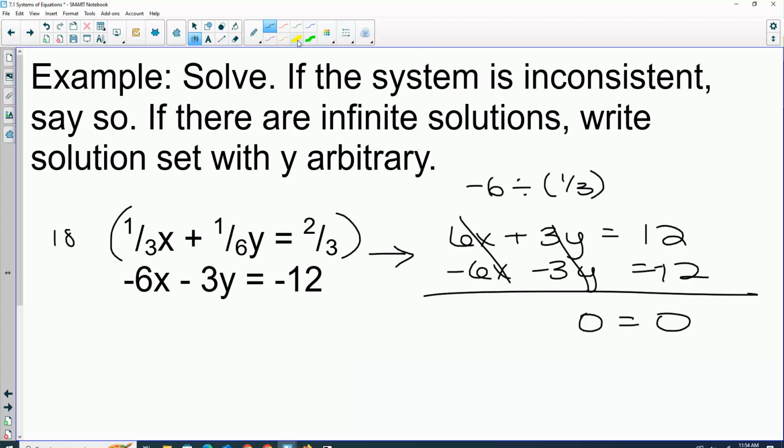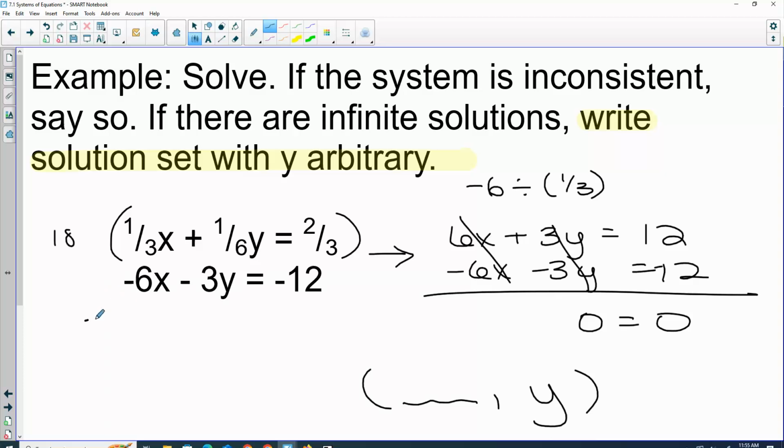So now you're going to be told how to write your solutions. So I might say write it with y arbitrary. That means in terms of y. So we know an ordered pair is x comma y. If I'm saying in terms of y, we keep the y as it is. But I have to come up with an expression for my x. So we're going to go to one of these equations, and we're going to solve for x.